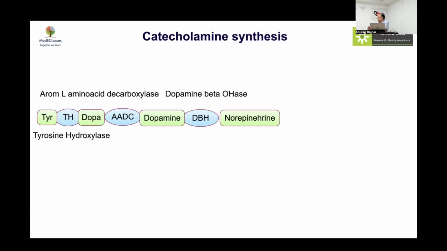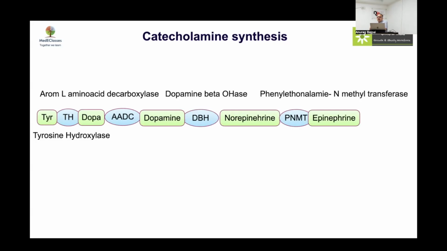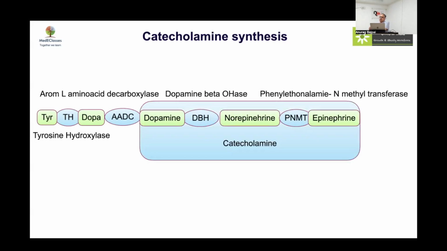From norepinephrine, as Alapan mentioned, the enzyme PNMT, or phenylethanolamine N-methyltransferase, converts it into epinephrine, and this activity is regulated by cortisol. So when we talk about catecholamines, we are talking about dopamine, norepinephrine and epinephrine. Biologically active from a sympathetic perspective are norepinephrine and epinephrine. Which one is more potent, Dr. Nimisha? Norepinephrine or epinephrine?